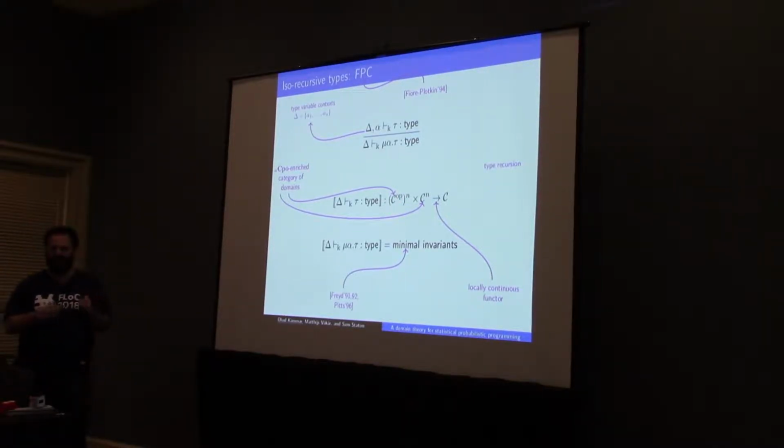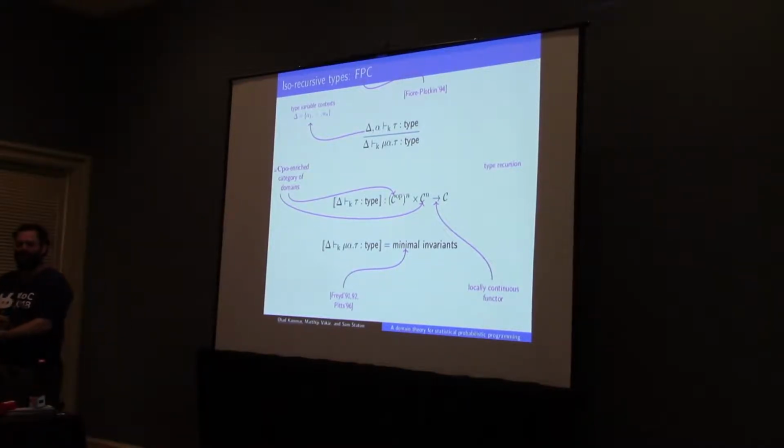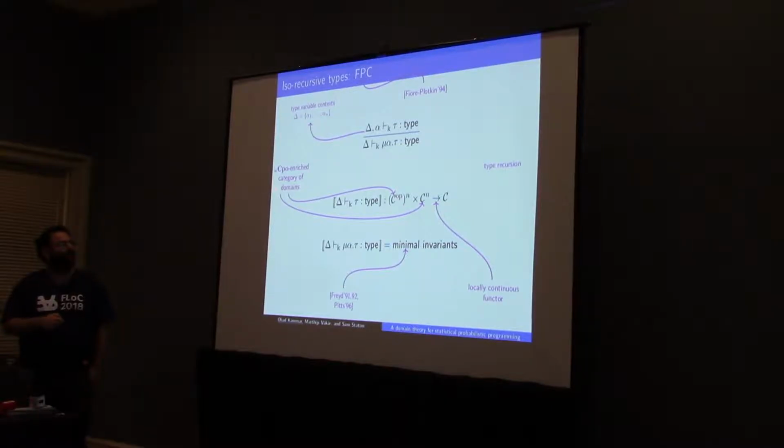But it's going to be a mixed variance functor. Some of them are going to be used covariantly, some contravariantly, and it operates between omega-CPO-enriched categories. These are some kind of categories of domains, and the functor itself is continuous, so that we can really do this fixed point construction and solve it using what's called minimal invariants. So I'm not going to go into a lot of details.